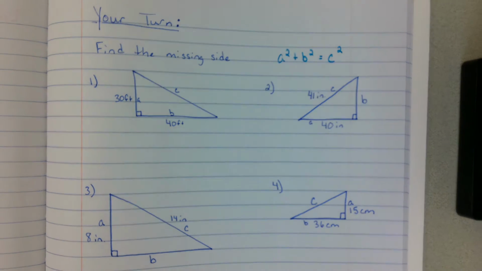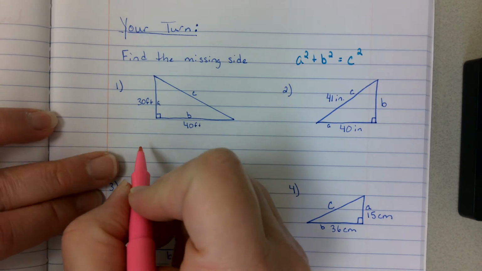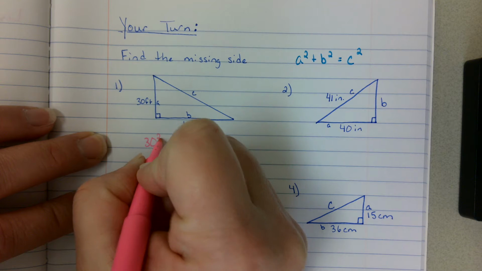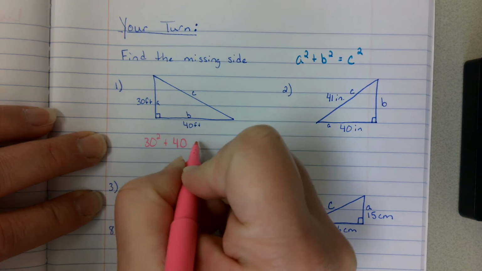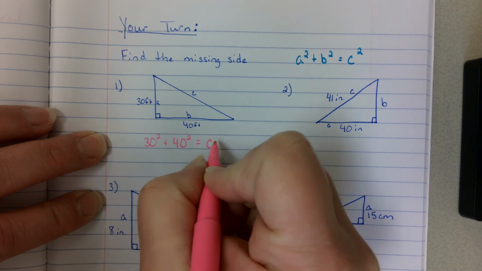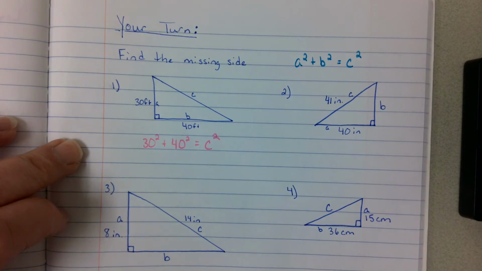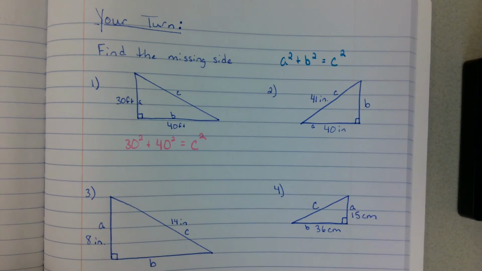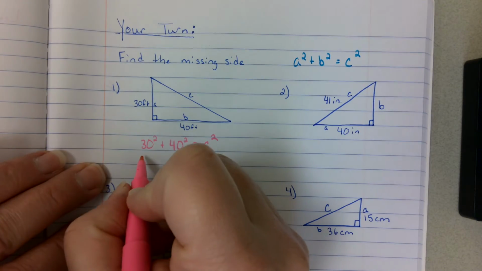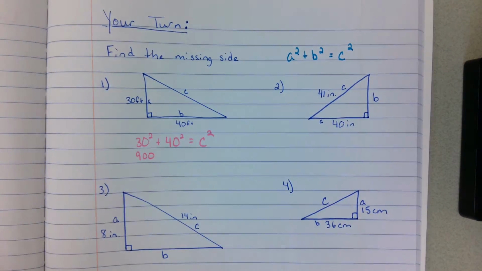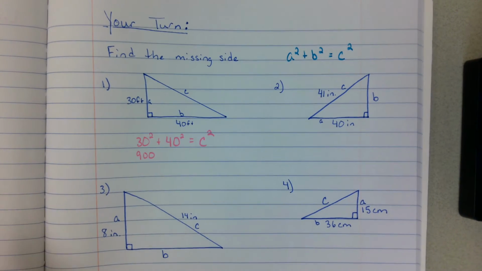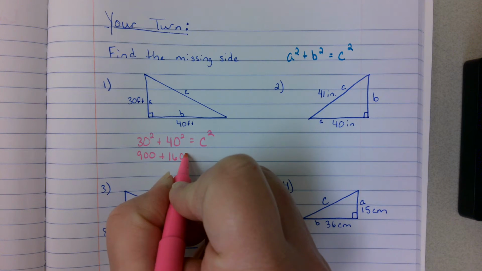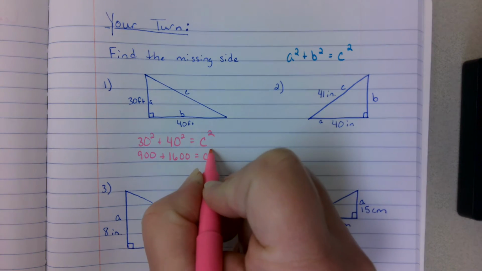All right, so I'm going to work out number 1. And I have the legs, 30 squared plus 40 squared is equal to c squared. We don't know c. All right, so 30 squared is 900, and 40 squared, 1,600, is equal to c squared.